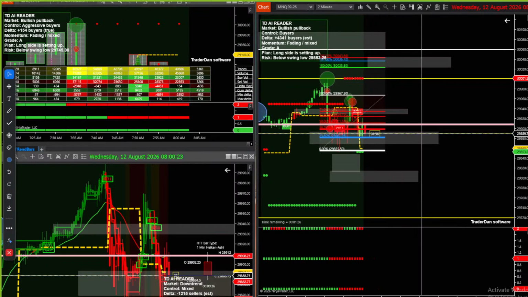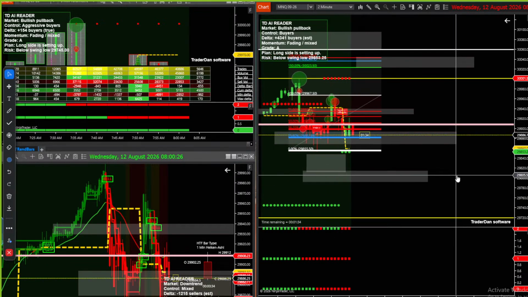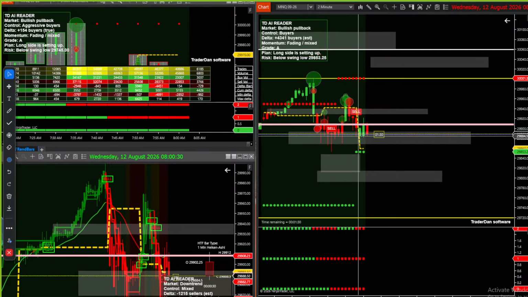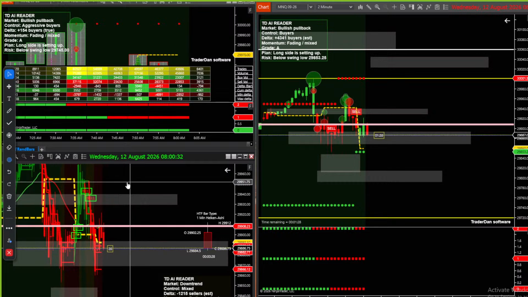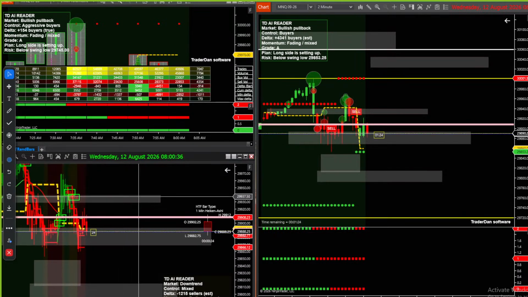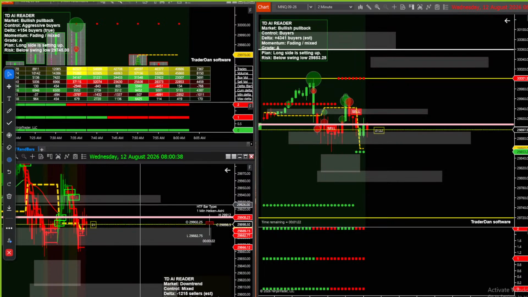If you took the sell signal, you're in profits, if you took that short on the sell side. What is this one over here? This one gave you a short up here. Right now we're mixed.